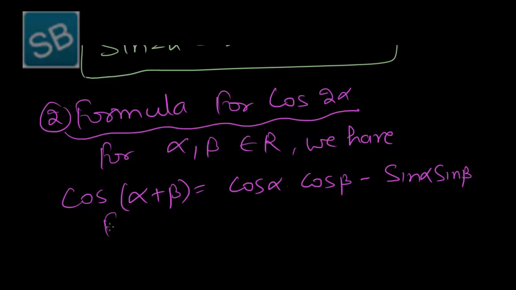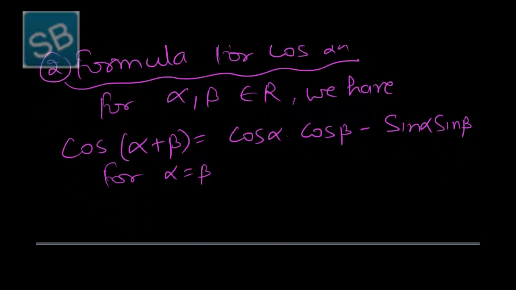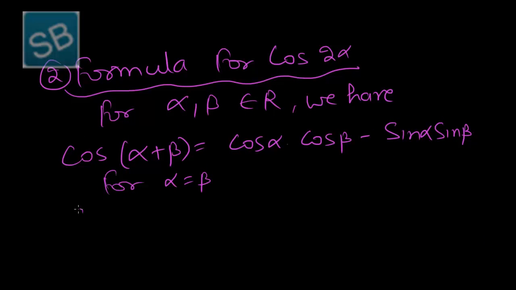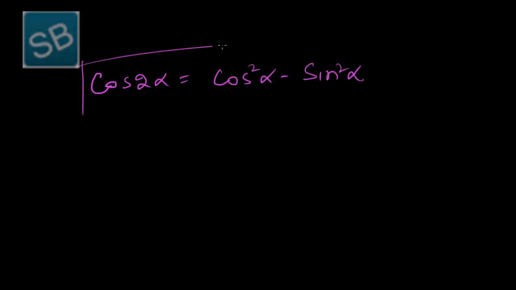So for alpha equal to beta, we get cos(alpha plus alpha) is equal to cos alpha cos alpha minus sin alpha sin alpha. That is, cos 2 alpha is equal to cos square alpha minus sin square alpha. So this is one form of this formula.